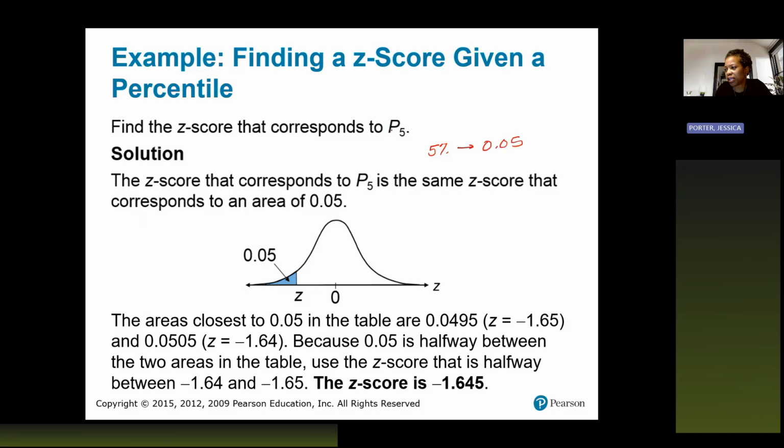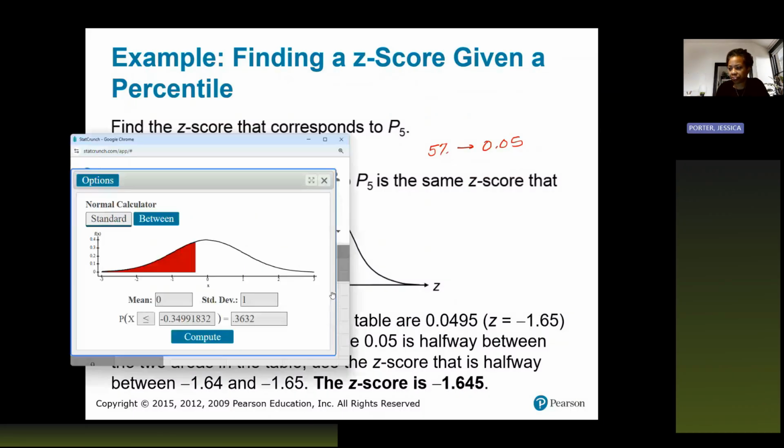So when you see this P, that means percentile, the fifth percentile. Okay. And then we can just put the area of 0.05 in the calculator or StatCrunch, and you get negative 1.645.